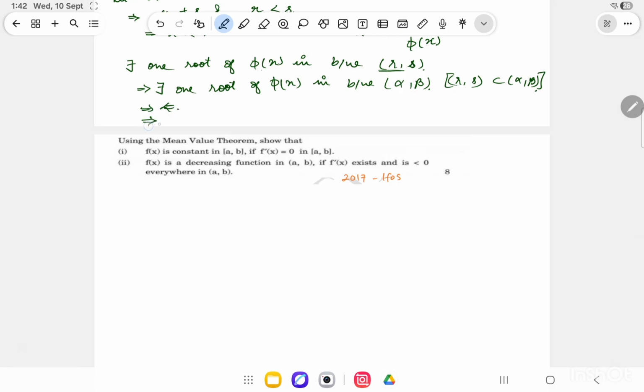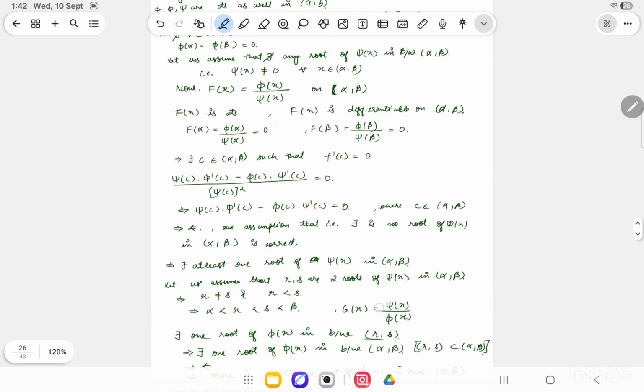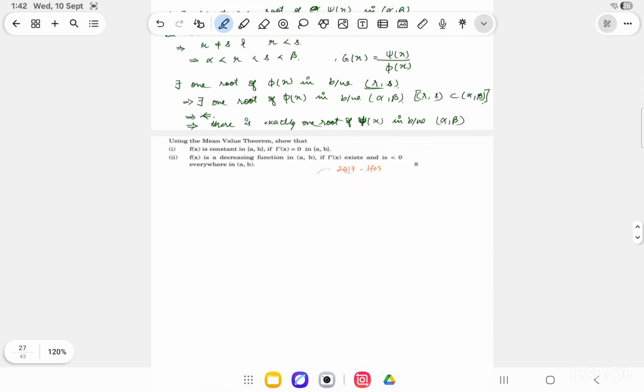So from this we can say that there is exactly one root of psi x, sorry, in between alpha comma beta, that is, the two roots of phi x. So this is what we are supposed to prove in this question. So let's move on to the next question.